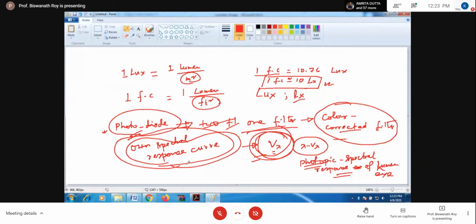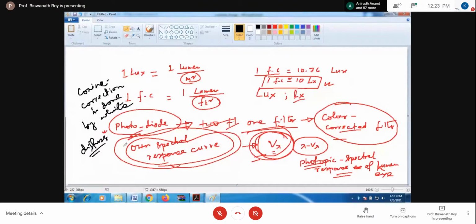And another is what we call the cosine corrected. Cosine correction is done by a white diffuser.